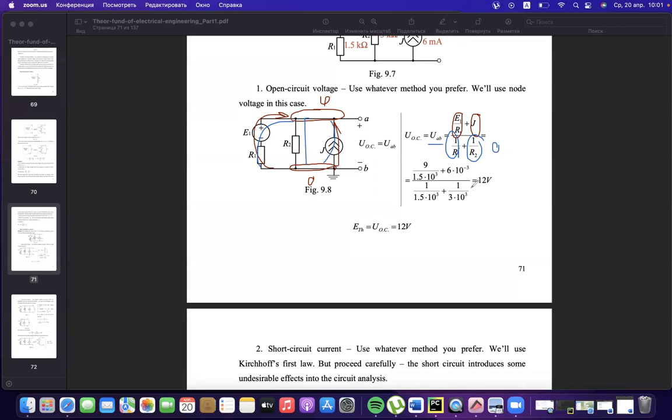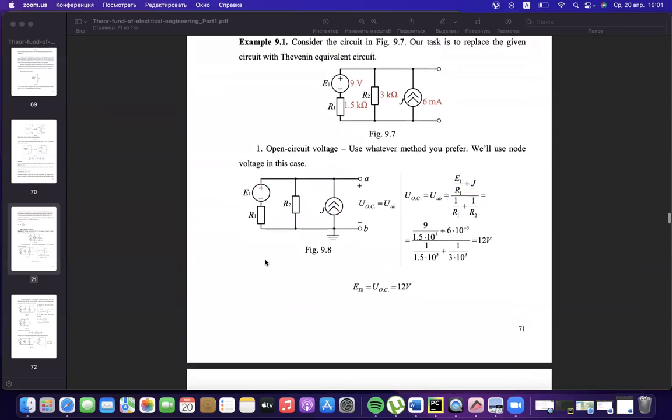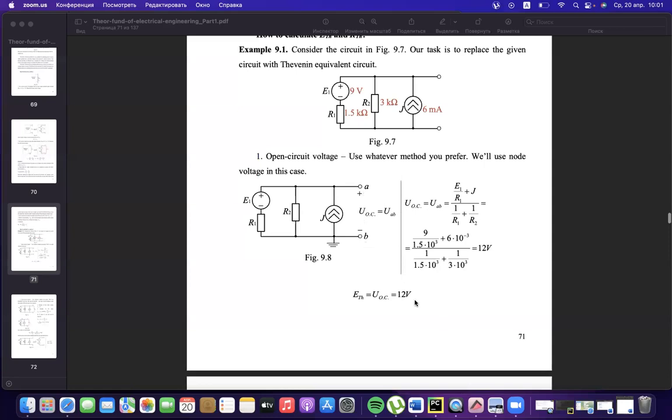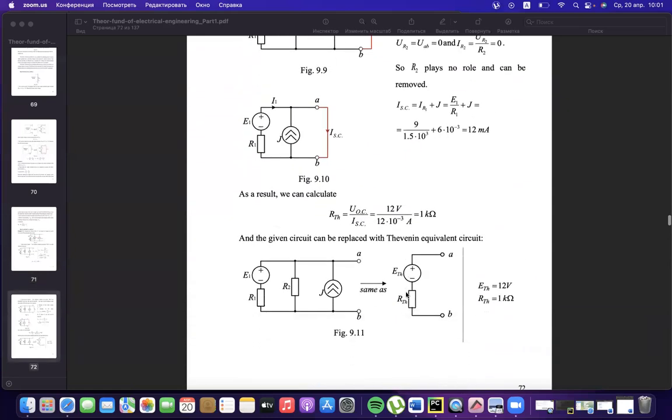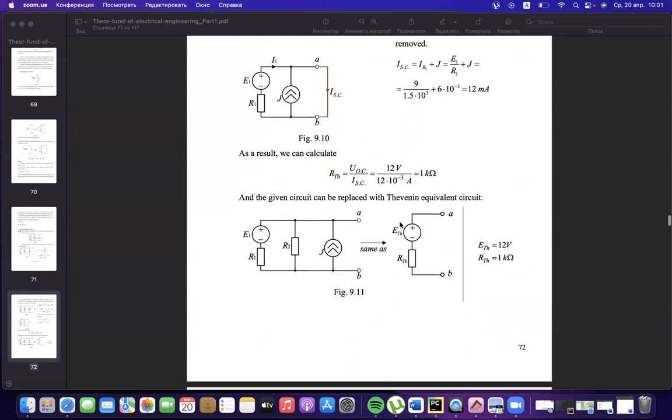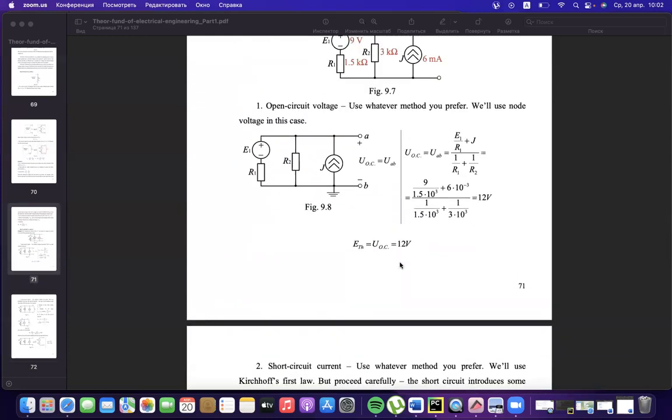After it, we found voltage AB. After substituting all values from the initial data, we found the voltage AB is 12 volts, and it will be the electromotive force in our electrical circuit.